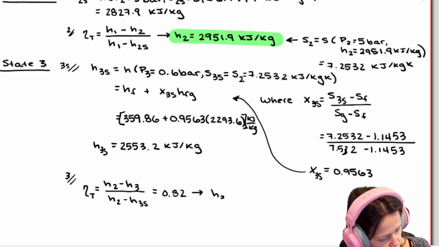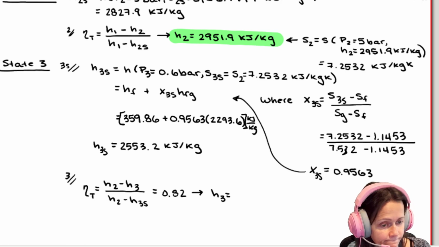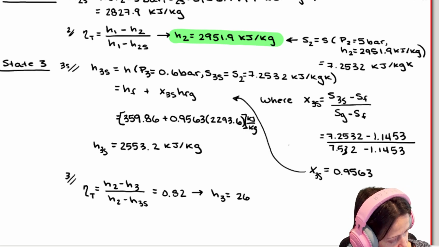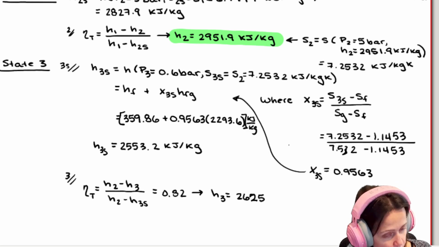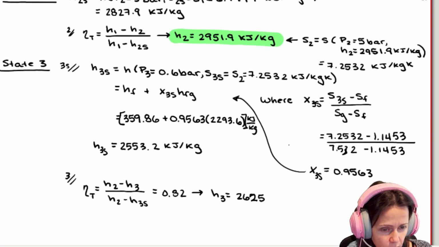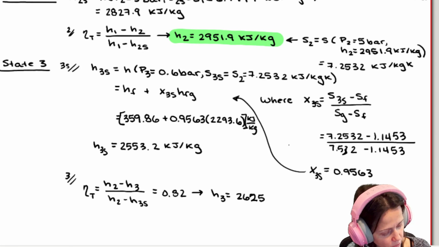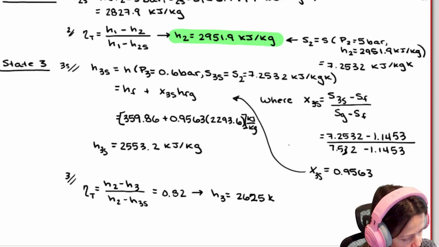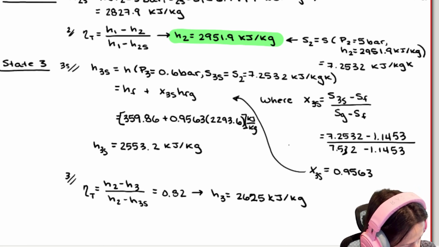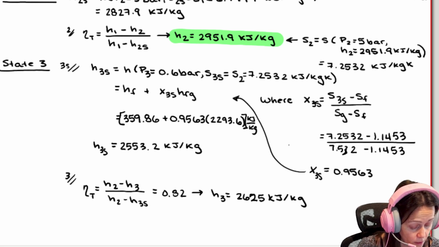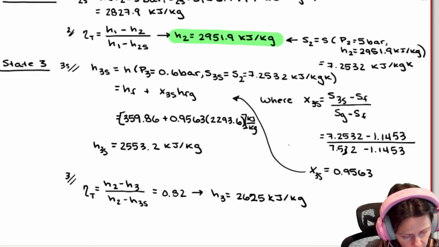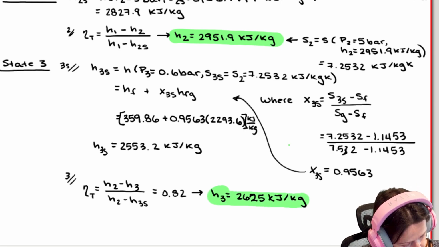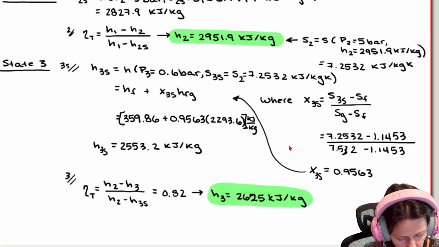And so now we've got an H3 value, 2625. All right, so that was a lot of work to get that, wasn't it? There's our H3.